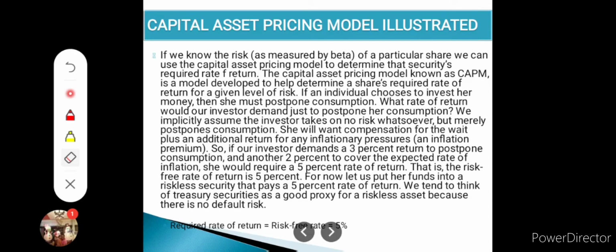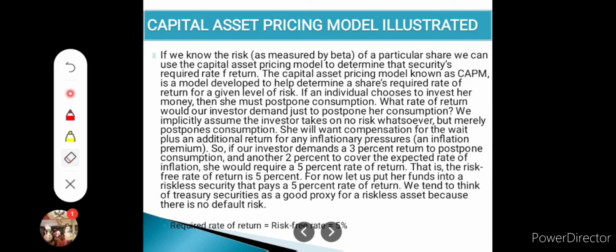She will want compensation for the wait plus an additional return for any inflationary pressures, an inflation premium. So, if our investor demands a 3% return to postpone consumption and another 2% to cover the expected rate of inflation, she would require a 5% rate of return. That is, the risk-free rate of return is 5%.